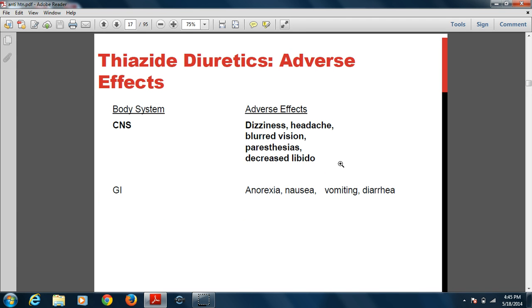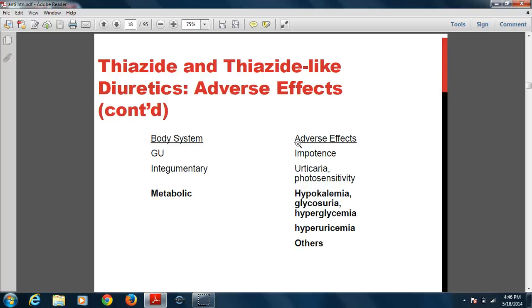The adverse effects of thiazide diuretics are mainly dizziness and headache, and some blurred vision, which we see in the central nervous system. I've put in bold here the side effects or adverse effects that are most typical or most concerning with these types of medications. We also see problems with low potassium, and perhaps some imbalance of blood sugar, some high blood sugar.